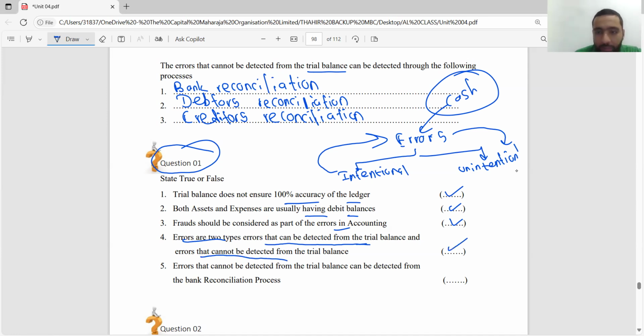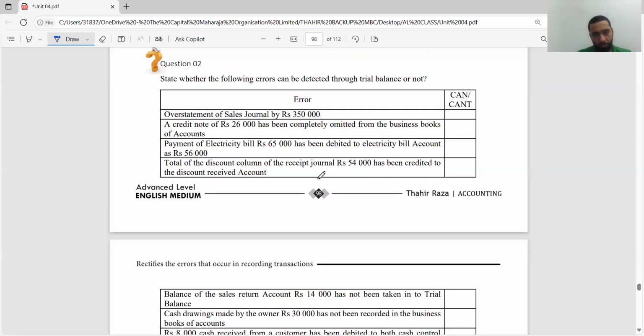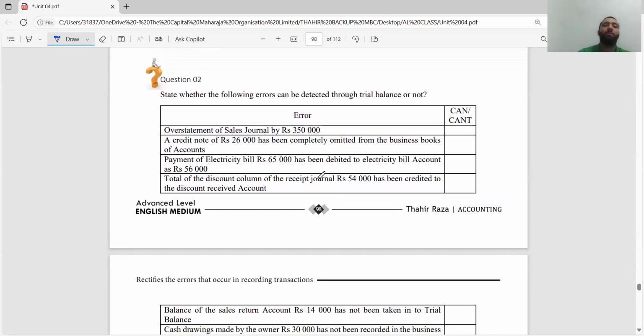Yes, this is correct. Very simple one. Errors that cannot be detected from the trial balance can be detected from the bank reconciliation process. Is this correct or not? Very simple, so everything is correct. Let's move on to the next question.